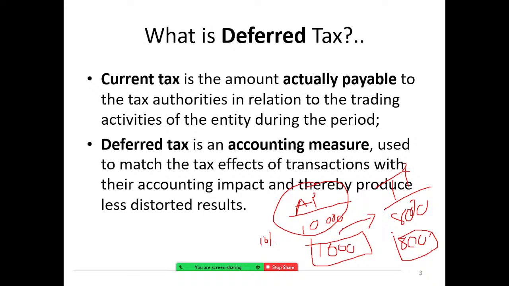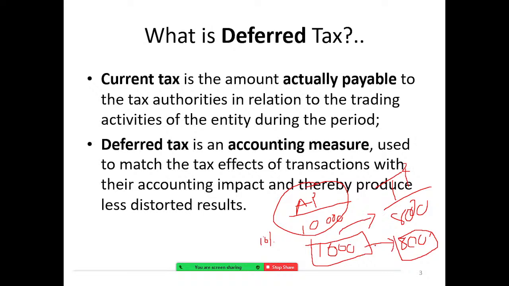So that's a liability. In this example, the 200 rupees is the saving.